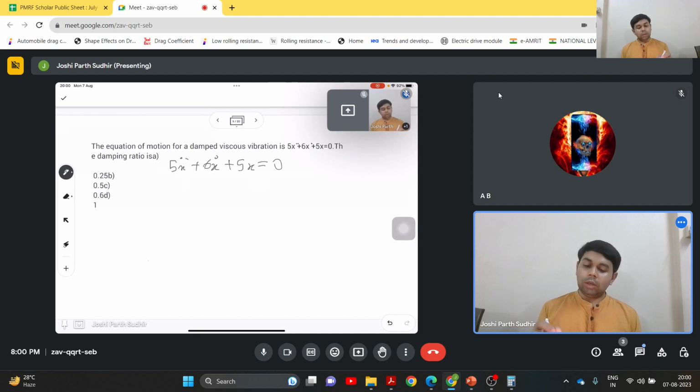We can alternatively write it as x double dot plus 6 by 5 x dot plus x equals 0.